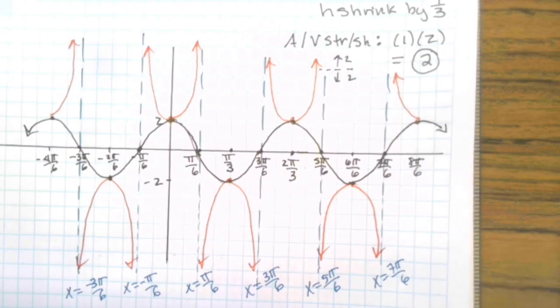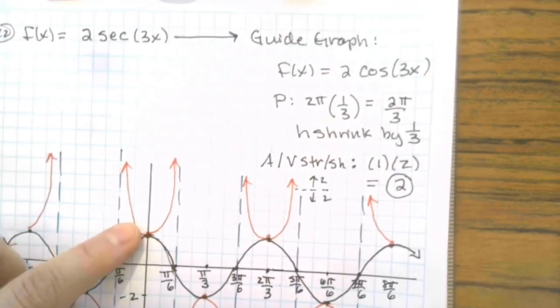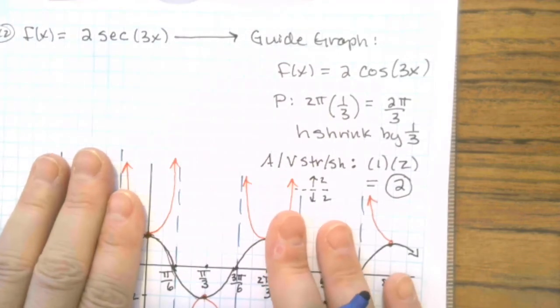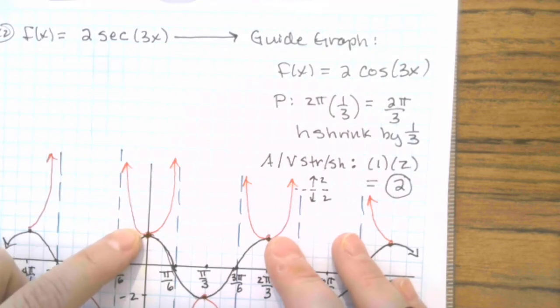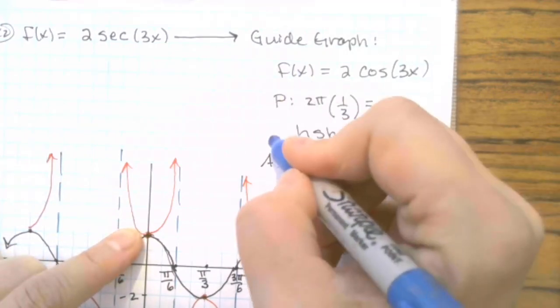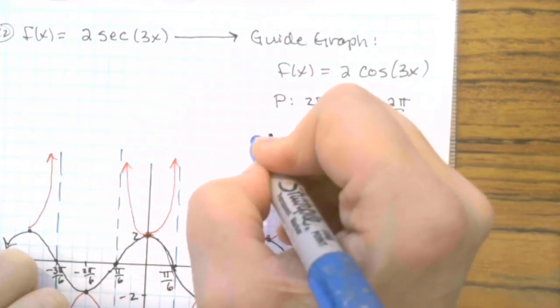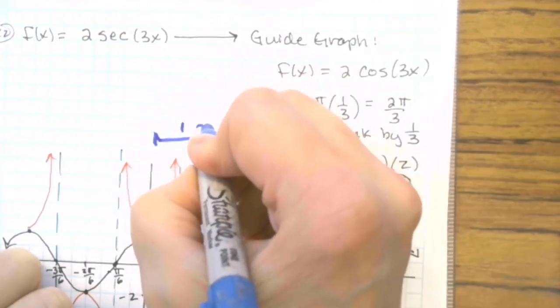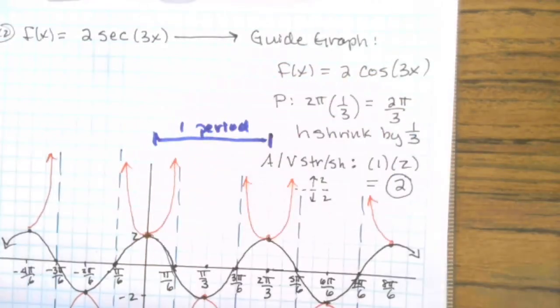So I'm going to label those in a second. So one period of secant is middle to middle, which is a bit odd. So from here to there, that's one period.